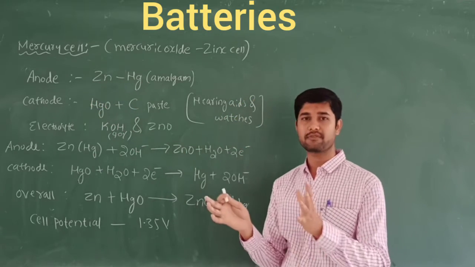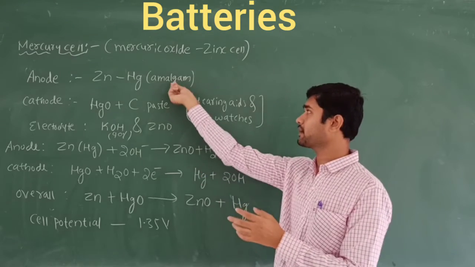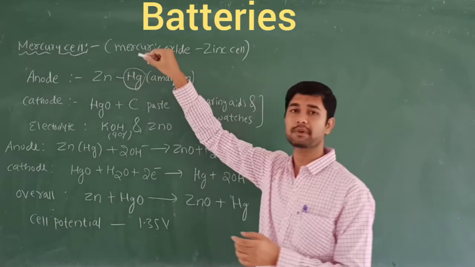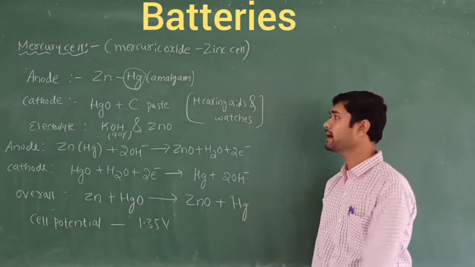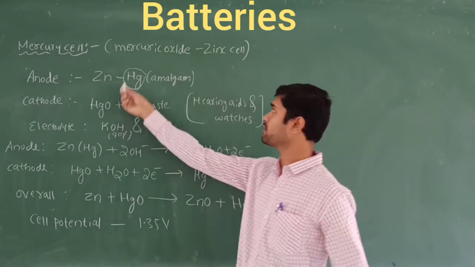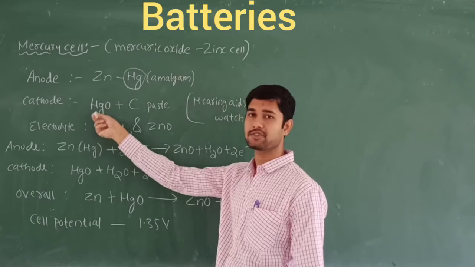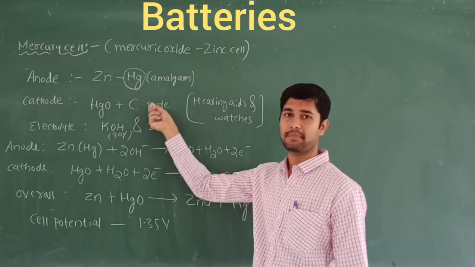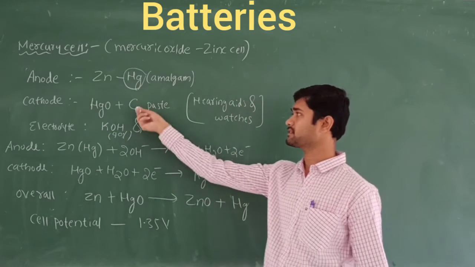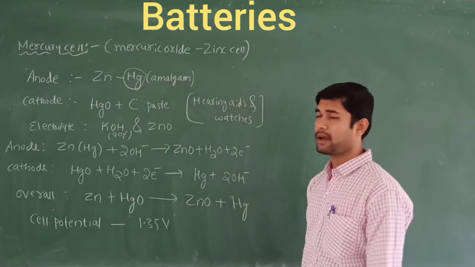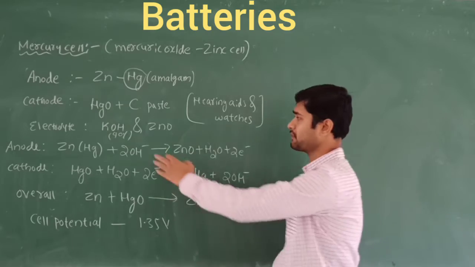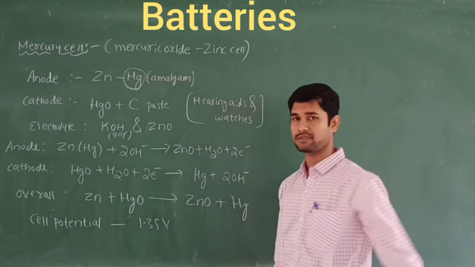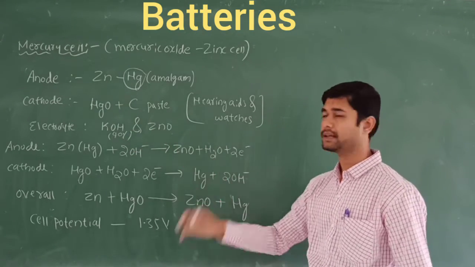Amalgam means a mixture of two metals, mercury and zinc. The cathode is mercury oxide, HgO, as the name indicates, with some graphite, that is carbon. The electrolyte we are going to use is 40% KOH solution and zinc oxide.